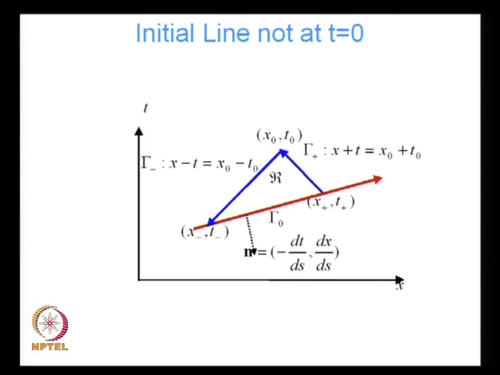So, slope of 1 and minus 1 passing through that point, and these characteristic lines intersect my gamma 0, my initial line along which I prescribe my initial condition, and the information from here is going to travel to this point along these characteristic lines with a speed of 1.